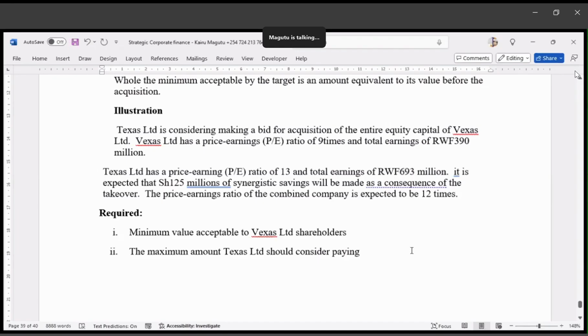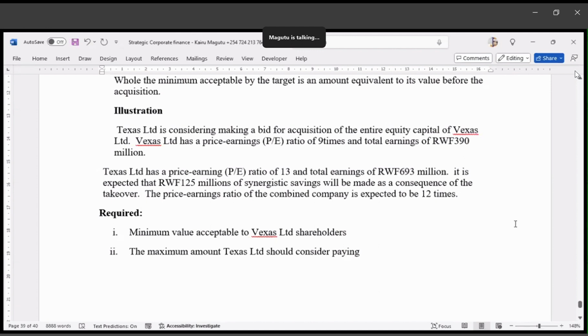It is expected that 125 million of synergetic savings will be made as a consequence of the takeover. The price earnings ratio of the combined company is expected to be 12 times. The questions required: one, determine the maximum value that is acceptable to Vexus Limited shareholders. Two, determine the maximum amount that Texas Limited should consider paying.